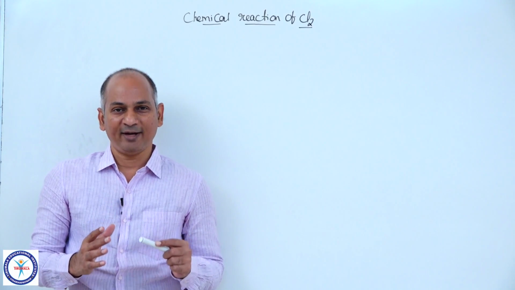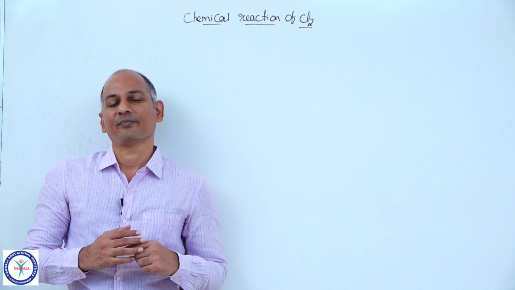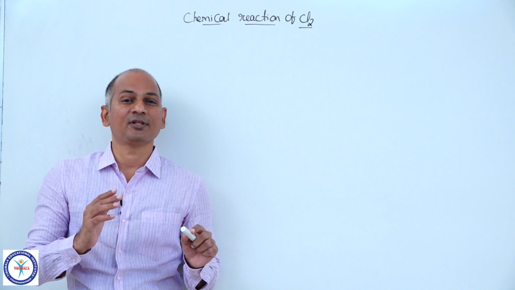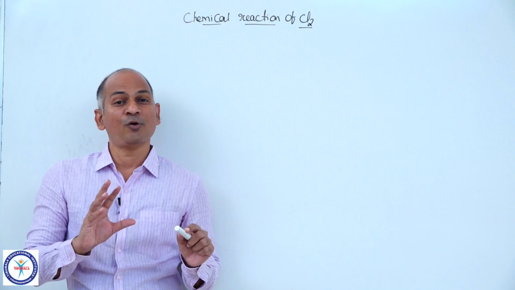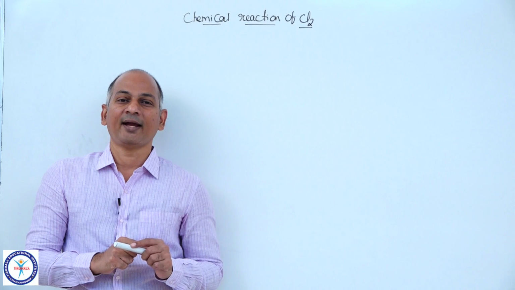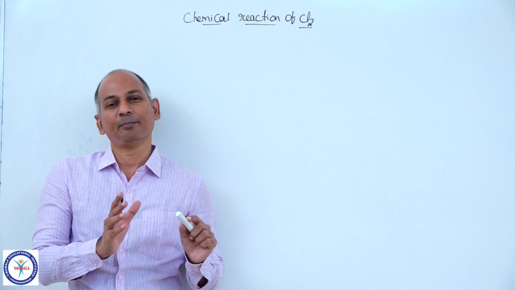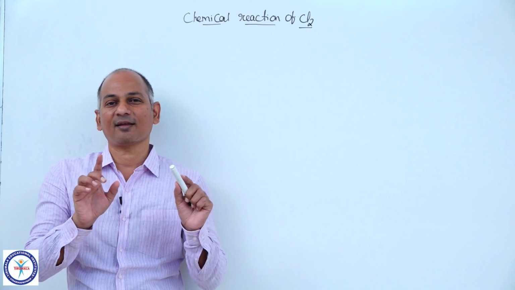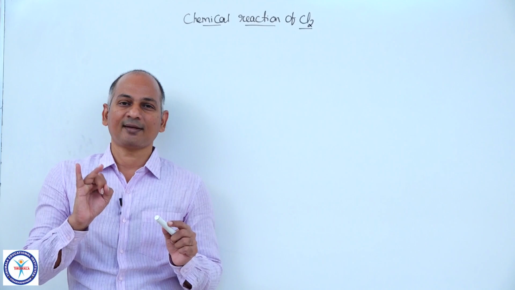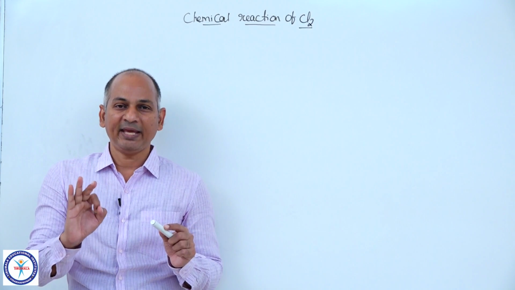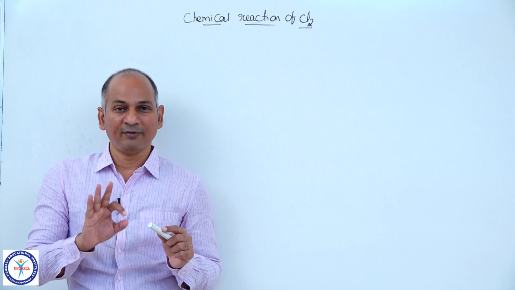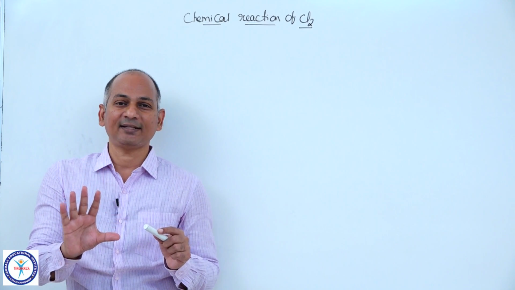How chlorine reacts with hydrogen, you know that. How chlorine reacts with NaOH, how chlorine reacts with water, how this chlorine acts as an oxidizing agent, and how this chlorine acts as a bleaching agent. So these are the various aspects of chemical reactions of chlorine: reaction with metals, non-metals, bases, that is NaOH or calcium hydroxide, then with water, as an oxidizing agent, as a bleaching agent.